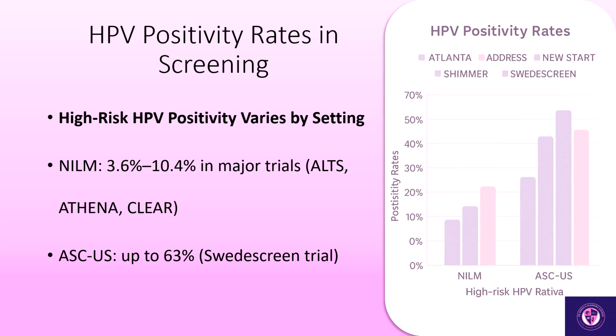This shows that even women with completely normal cytology may still harbor a high-risk HPV infection. In contrast, patients with ASCUS cytology have a much higher rate of around 60%. This reinforces that HPV testing plays a pivotal role in ASCUS patients. Cytology alone does not reliably predict the need for colposcopy. So these numbers give us an insight into the expected positivity and the benchmarks for quality assurance within cytology laboratories.